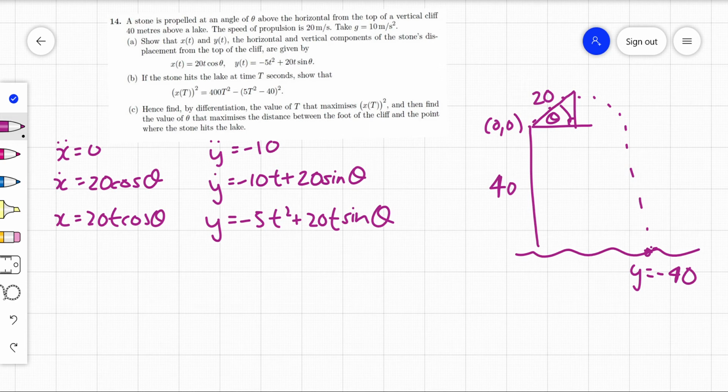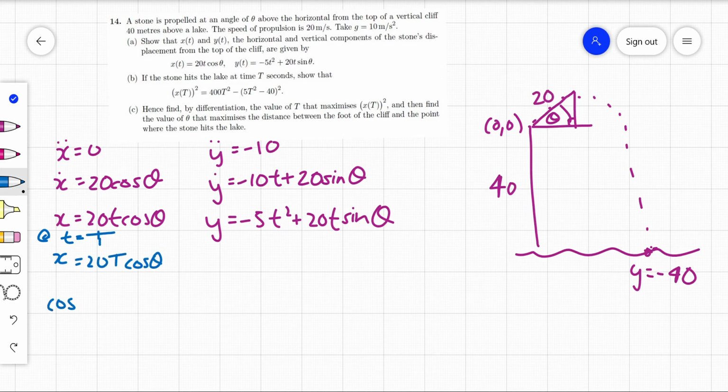So if the stone hits the lake at time capital T, let's have a look at what we've got. In terms of x, at t equals T, the x value will be 20T cos theta.